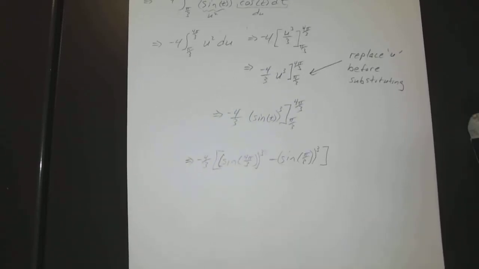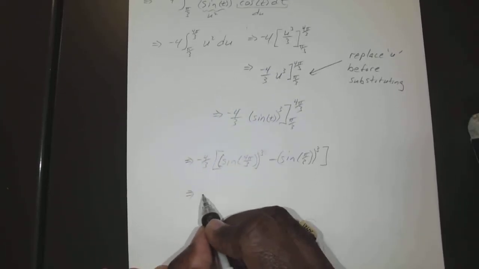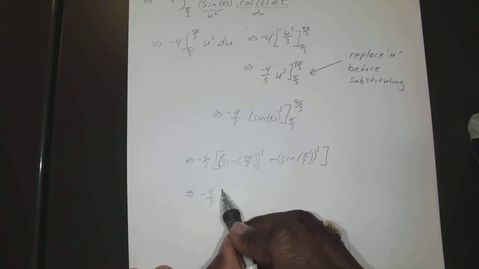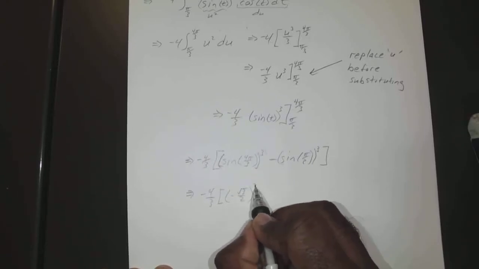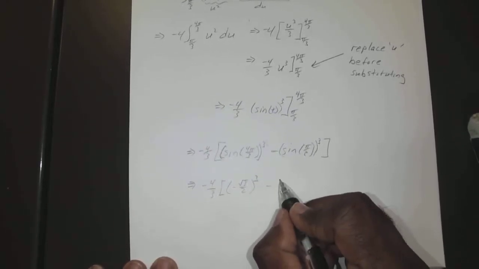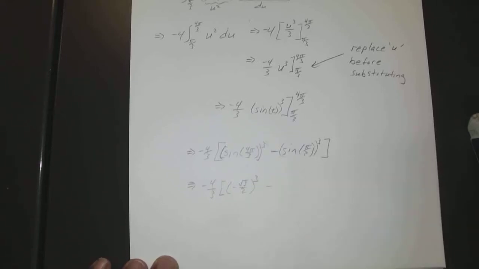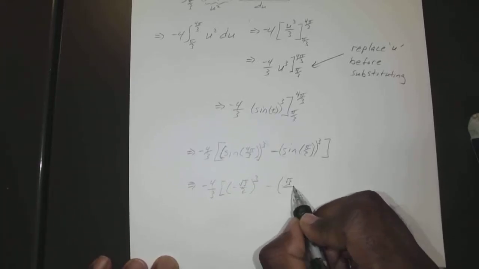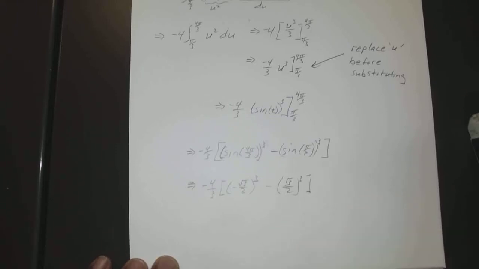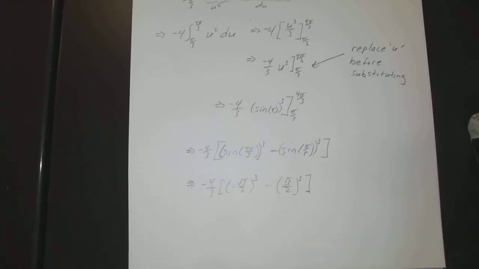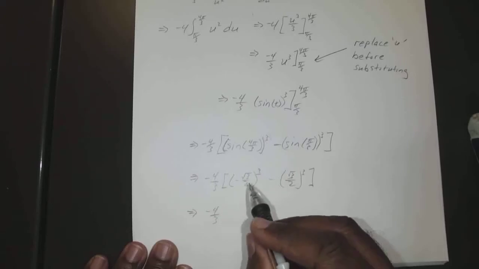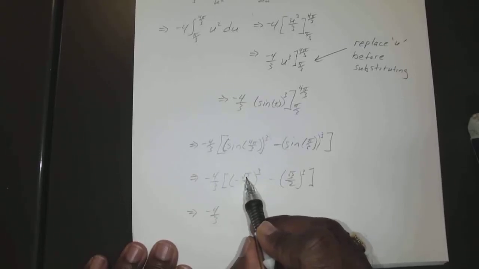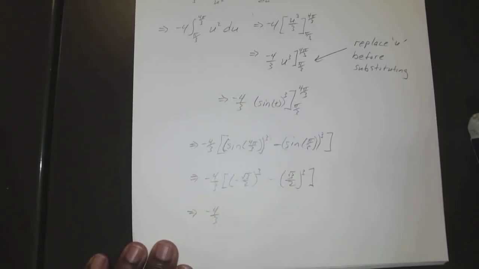Okay. So sine of 4 pi over 3 is negative square root of 3 over 2, to the third power, minus sine of pi over 3 is positive square root of 3 over 2 to the third power. Okay, which would give us -4 over 3 times square root of 3 to the third.